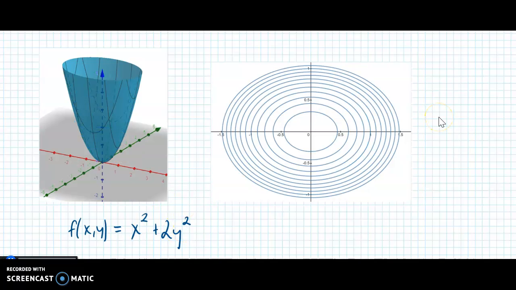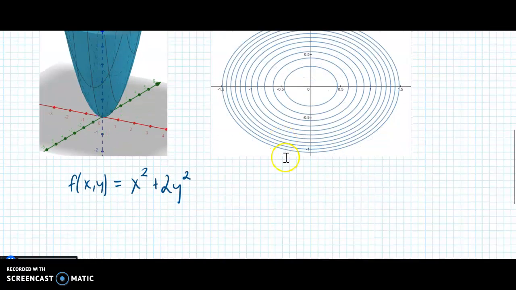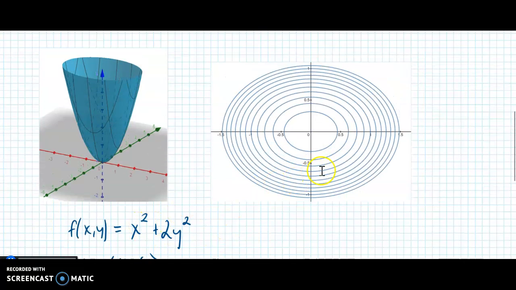Next thing that I want to talk about is how the gradient, the del of a function, relates to its contour plot. So del f is equal to f sub x comma f sub y, partial f partial x, partial f partial y. It is true that if I take del f at any given point, it will be perpendicular to the contour plot.